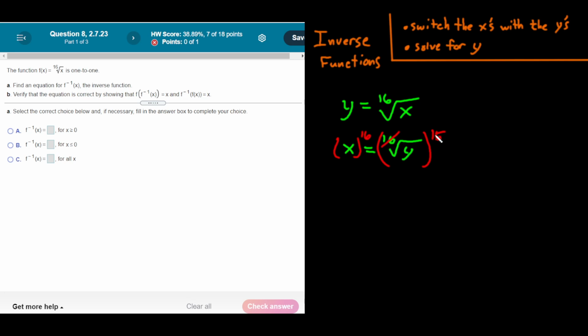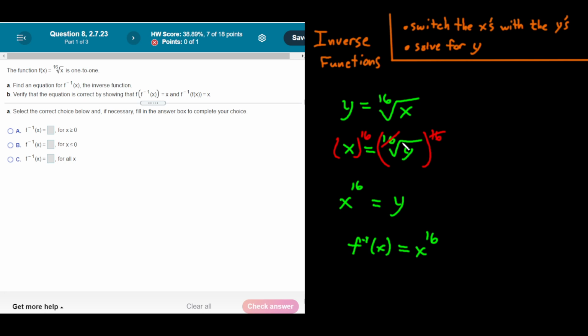So that goes away, that goes away. You're going to be left with y, and this is equal to x to the 16th power. There's nothing sitting out here, so the exponent only is fine. So y is equal to x to the 16th power, so the inverse is equal to x to the 16th power.